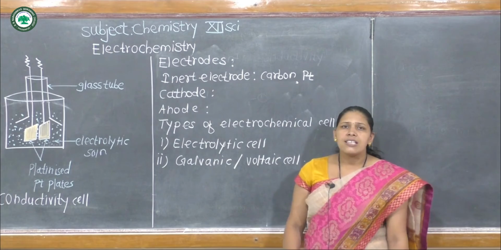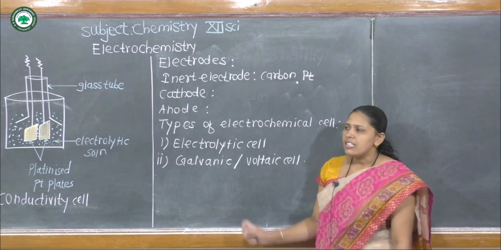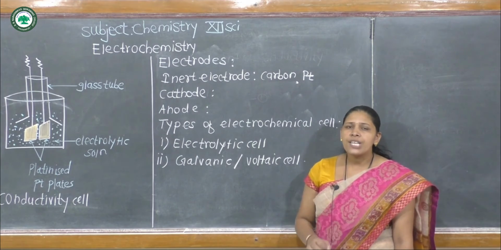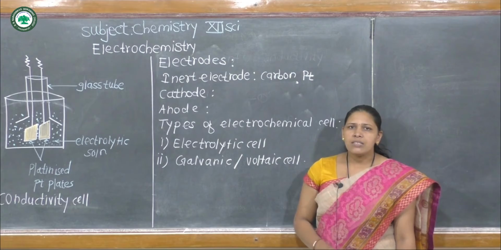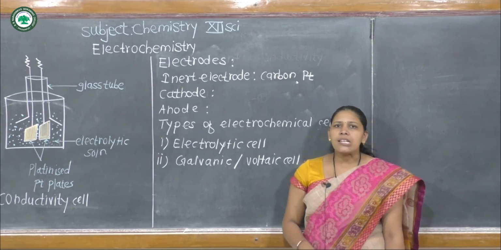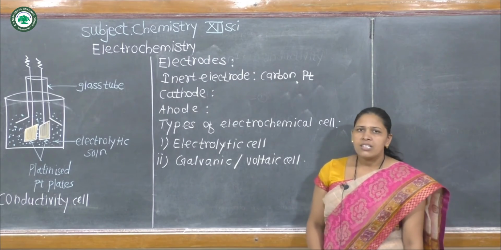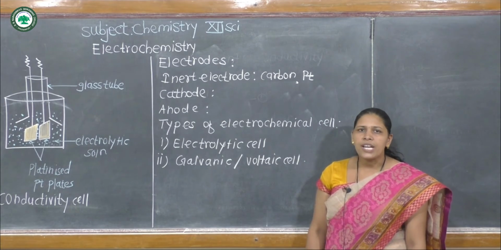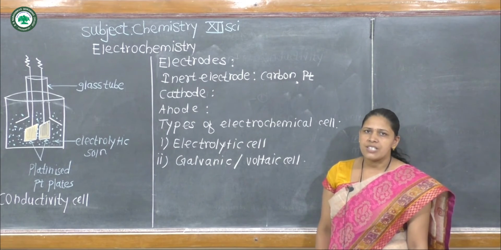Then second is galvanic cell, also called voltaic cell. This cell is very useful because in galvanic cell chemical energy is converted into electrical energy. A spontaneous chemical reaction occurs which produces electricity.